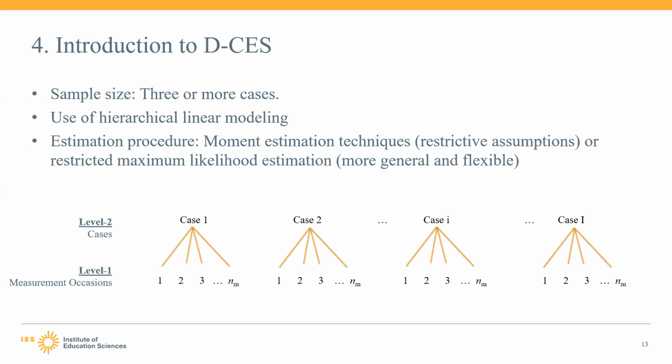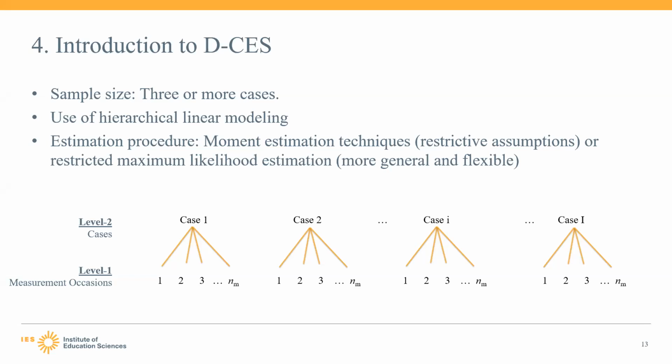As mentioned on the previous slide, the original HPS estimator was expressed using closed form algebra, using moment estimation techniques, and relied on several restrictive assumptions. Thus in 2014, Pustejovsky and colleagues presented a more flexible modeling approach, and the effect size estimation procedure is based on a small sample correction to the restricted maximum likelihood.